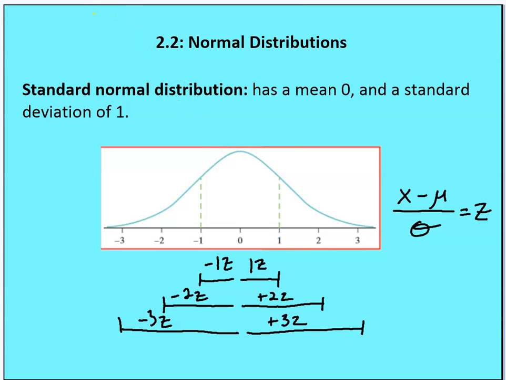All right, so I have 1z, 2z, 3z, and then -1, -2, -3 as these values for the standard deviation. So that's a standard normal distribution.